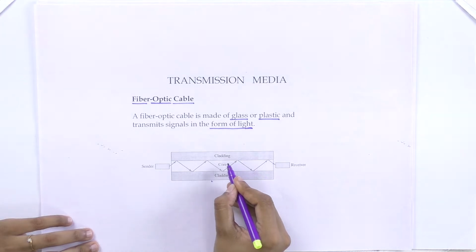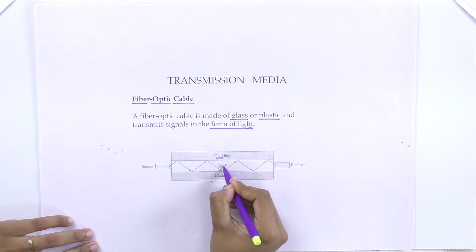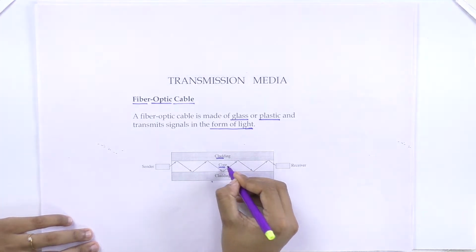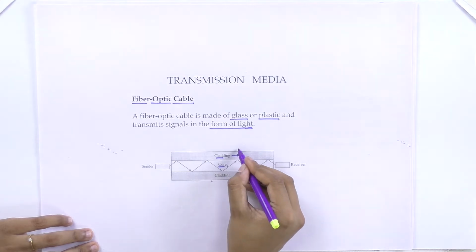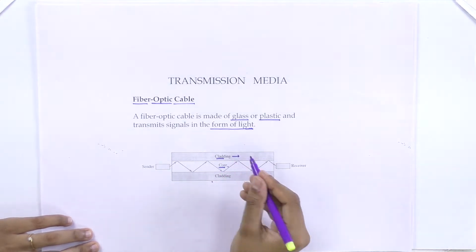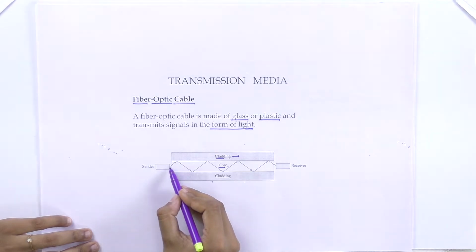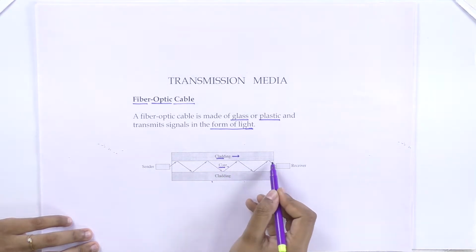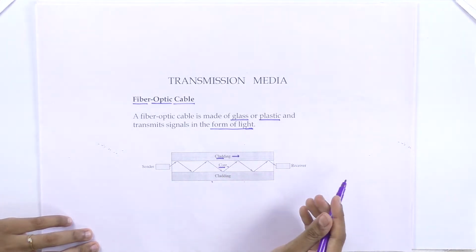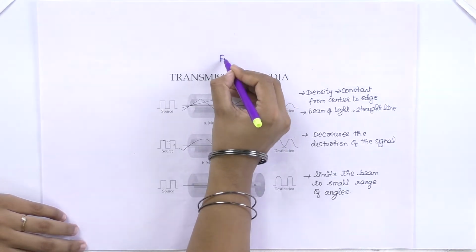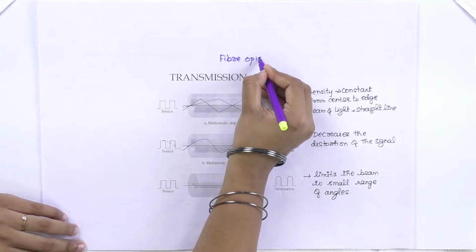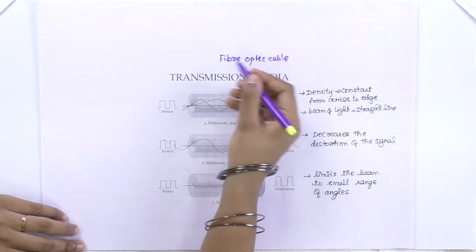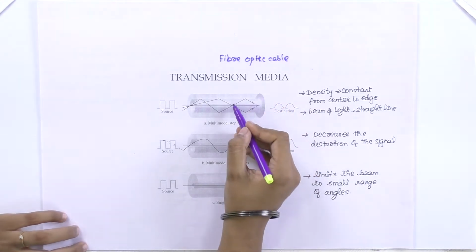Here you have two parts, the core and the cladding. The core forms the inner strength of the optic fiber cable, whereas the cladding is just the outer covering of the core. Whenever the light signal is transmitted from the sender side, that light travels through the core only, not the cladding, and finally reaches the receiver. Now there are propagation methods through which light waves get transmitted.